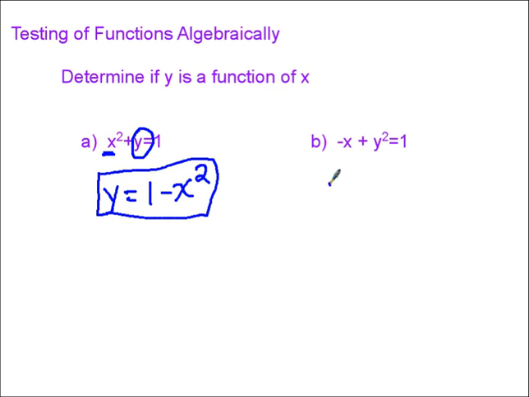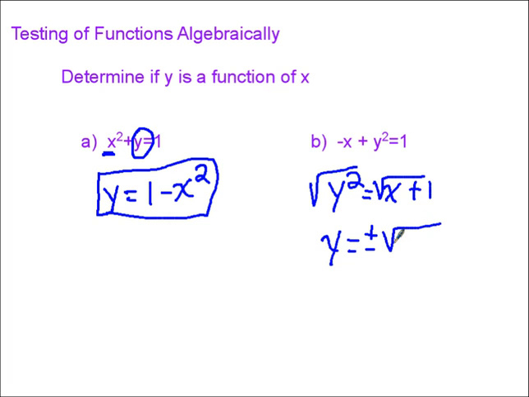However, if I try to do something similar over here, I'll end up with y squared equals x plus 1. If I take the square root of both sides, I now have this issue: y equals plus or minus the root of x plus 1. And this here lets me know that I no longer have a function. I now have 2 possible outputs for the same input.